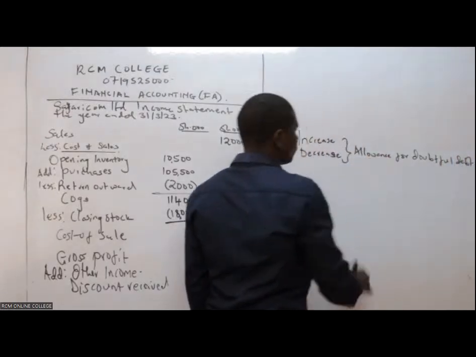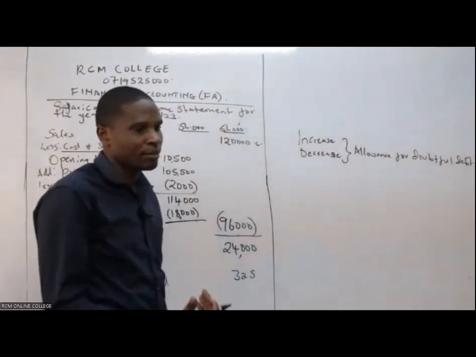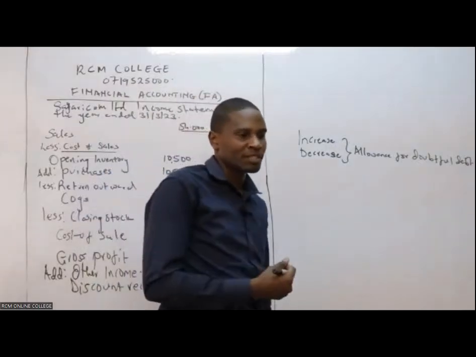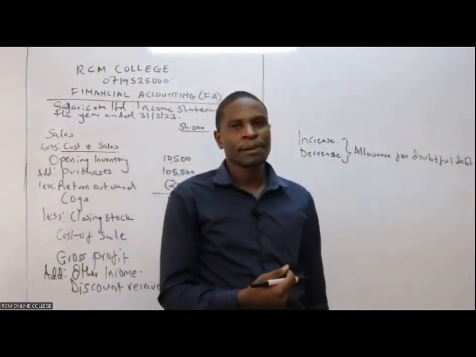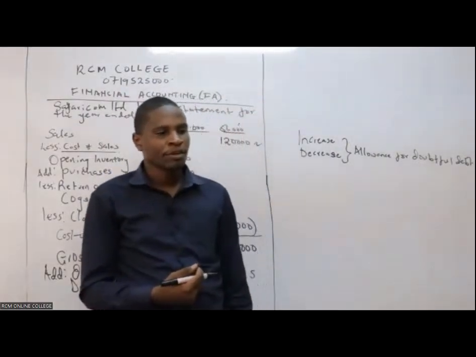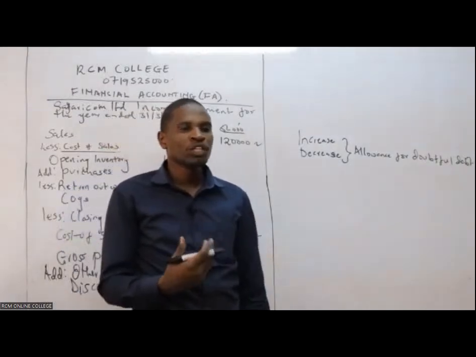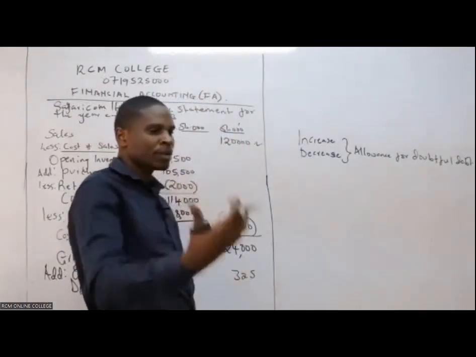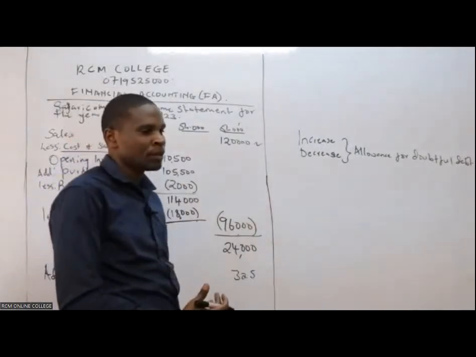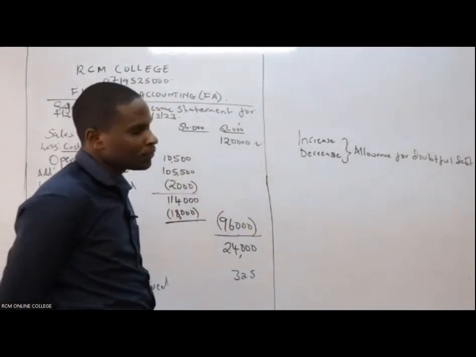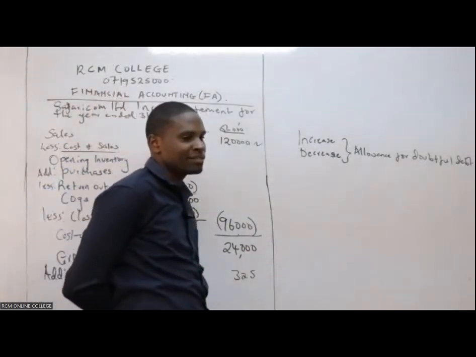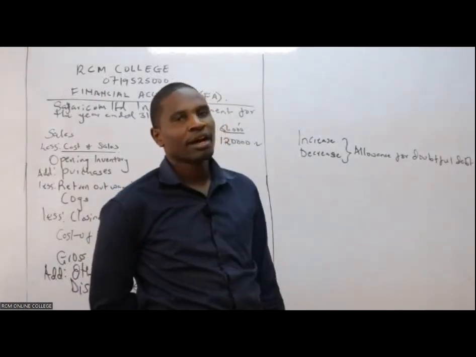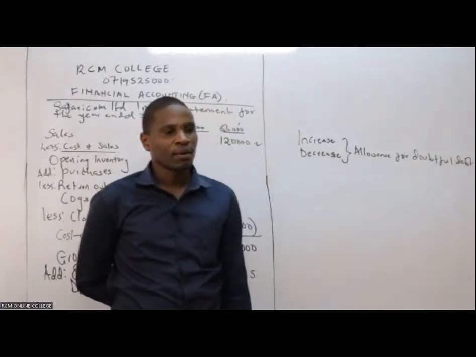Between the two, which one is an income and which one is an expense? Very important information here. Let us go slowly, there is no pressure here. Allowance for doubtful debt: we have an increase and a decrease.